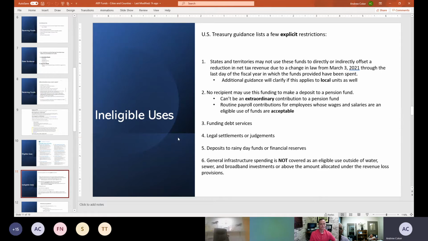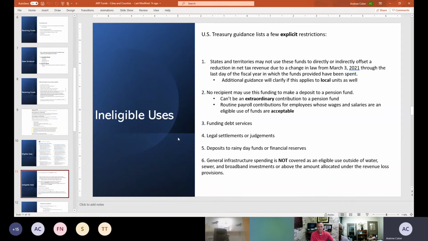States and territories may not use these funds to directly or indirectly offset a reduction in net tax revenue due to any changes in law from March 3rd, 2021 through the last day of this fiscal year. On the Association of Counties call last week, and I'm sure some of you were on, there was a little bit of confusion about whether or not this applies to local units.